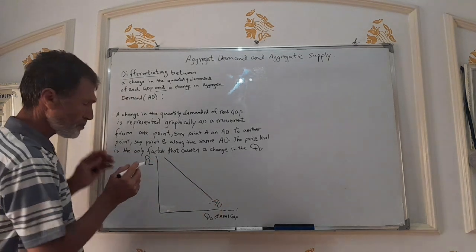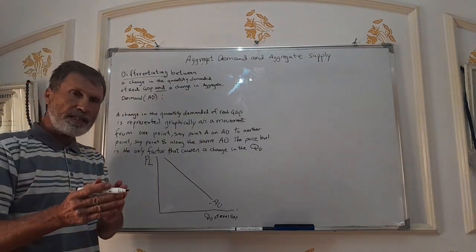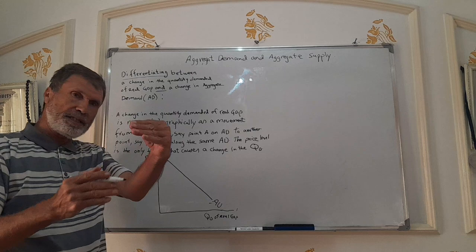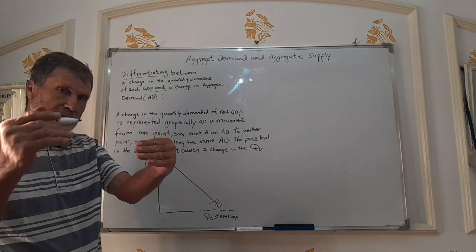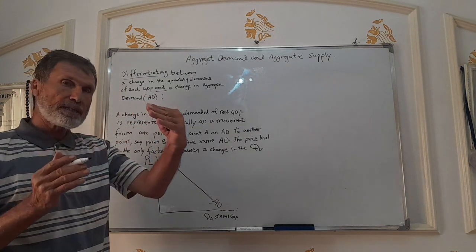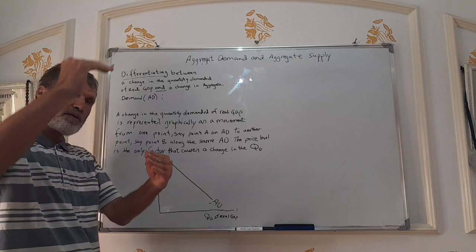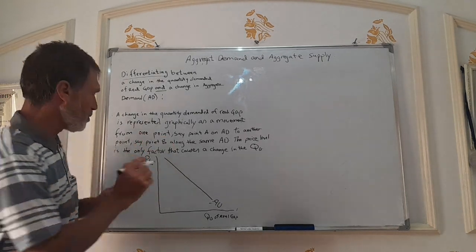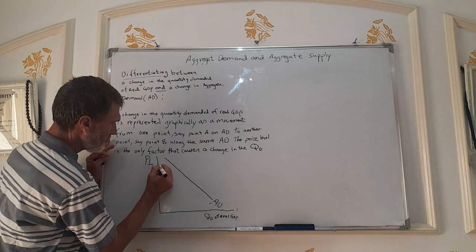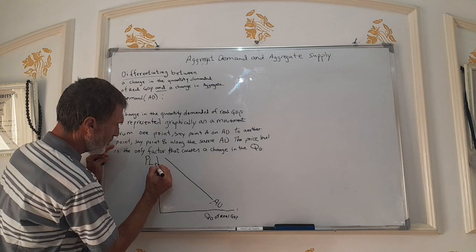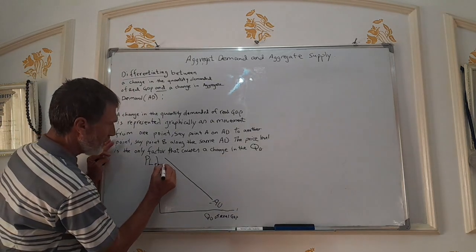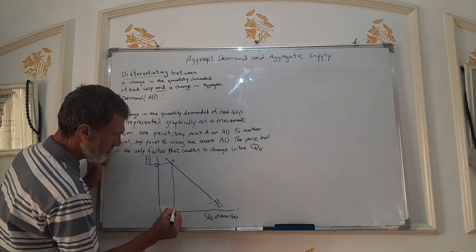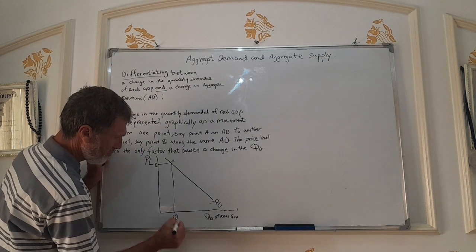So, of course, when the price level decreases, the quantity demanded of real GDP increases, ceteris paribus. When the price level increases, the quantity demanded of real GDP decreases, ceteris paribus. This is the price level, P0. The quantity demanded is point A, Q0.